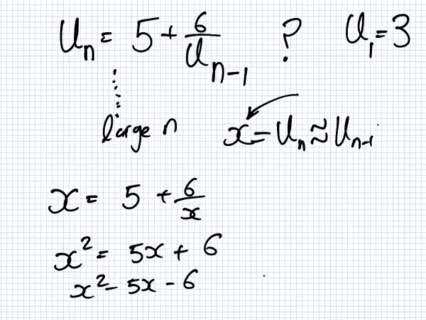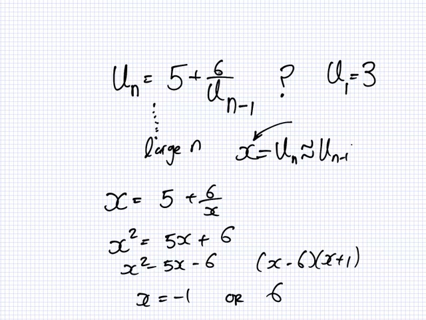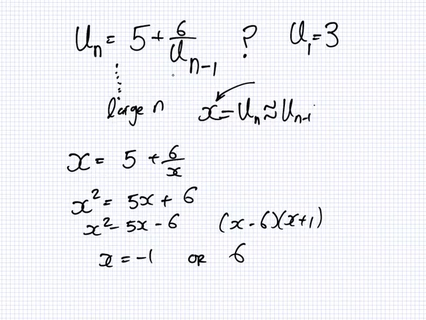Which becomes x minus 3. No, sorry, 6 and 1, isn't it? x minus 6 and x plus 1. So we have two values here for x, minus 1 or 6. Does one of those values look familiar?